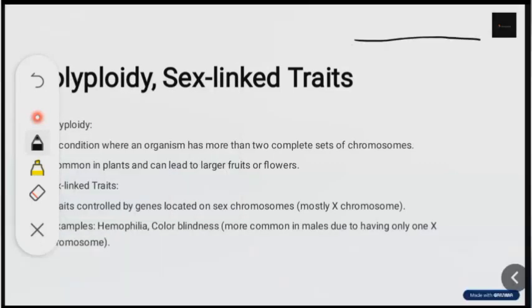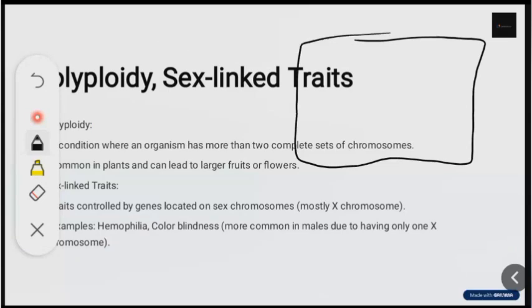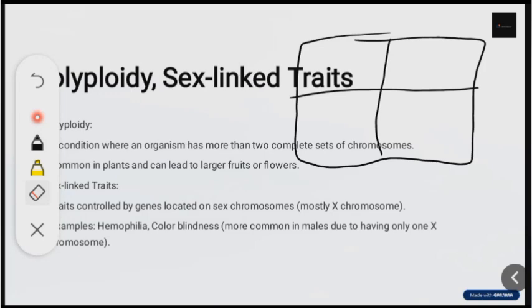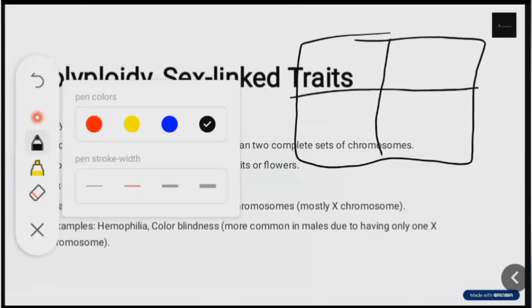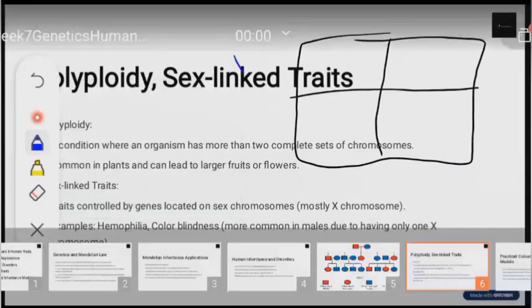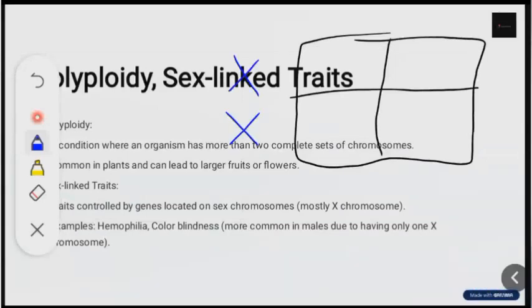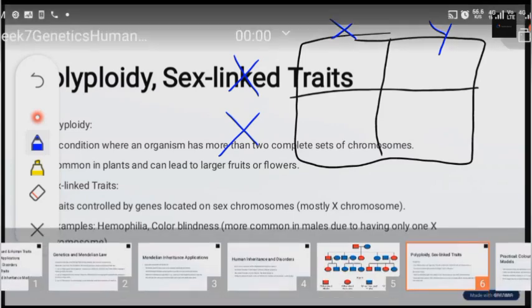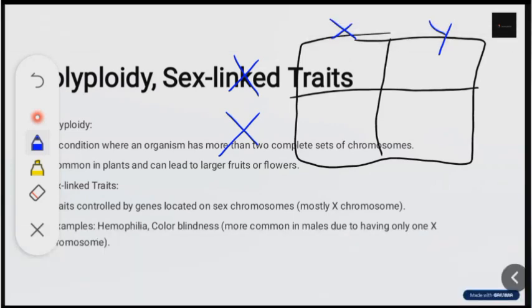Okay, let's go again one more time now. We have X, X, X, Y. And now we are saying Y means father, XX means mom.